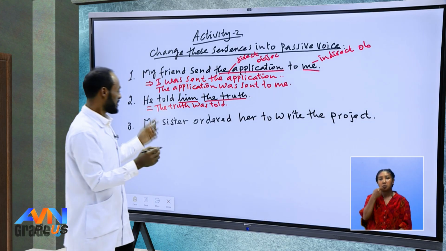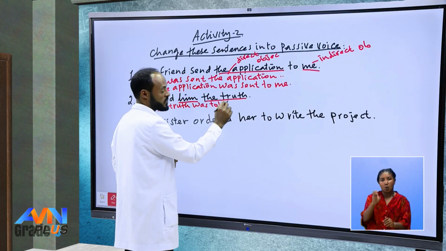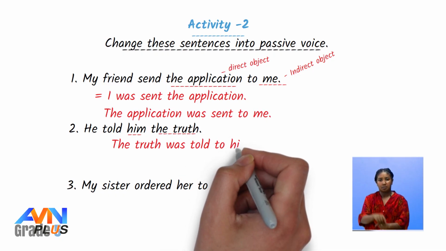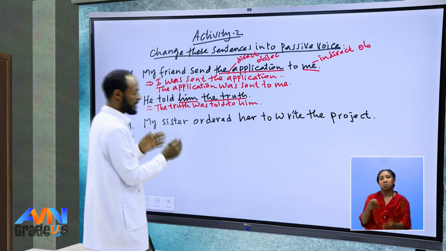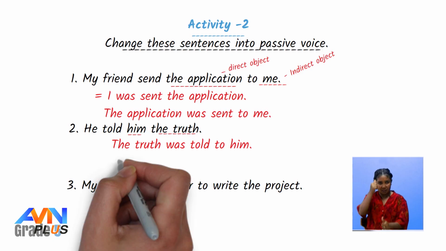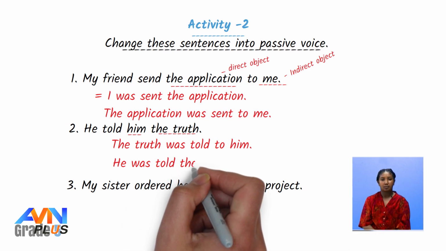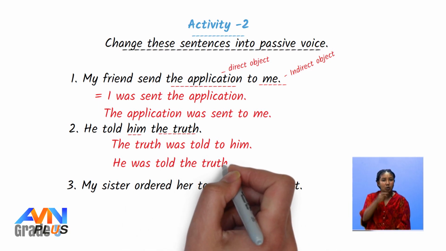Maybe if necessary, we can use what? He. Or was told to him, to make it more clear. What about if you start from he? He was told. He was told the truth.